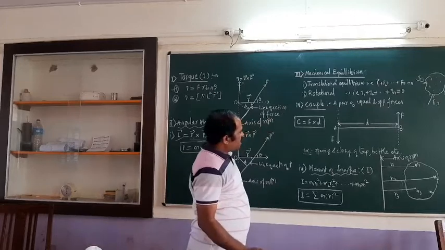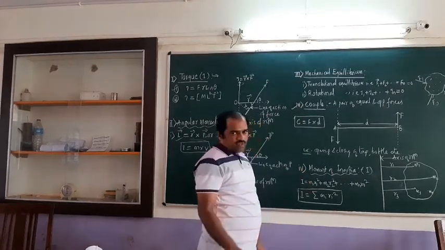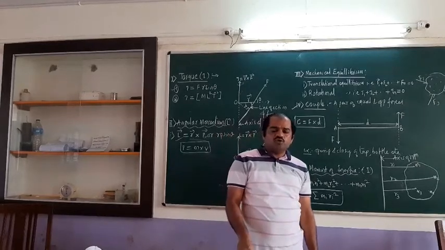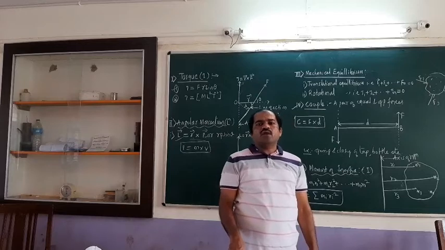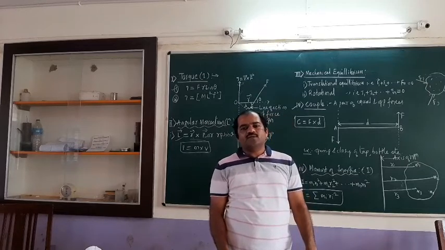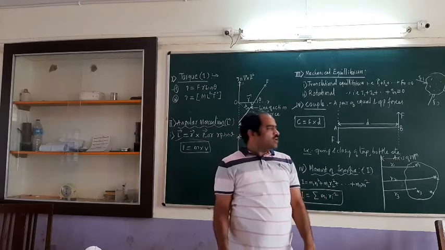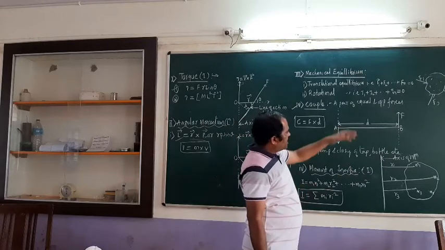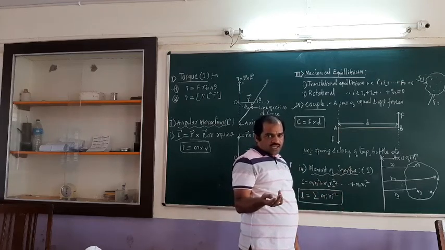Then another important concept is the couple. What is meant by a couple? A couple is defined as a pair of equal and opposite forces acting at two different points of a body.